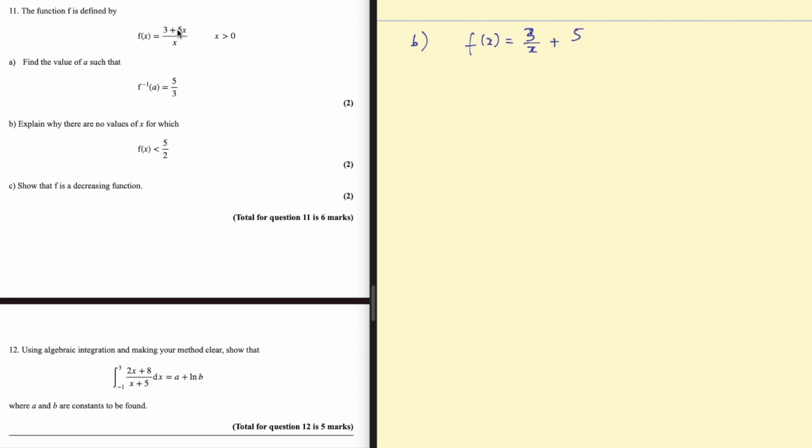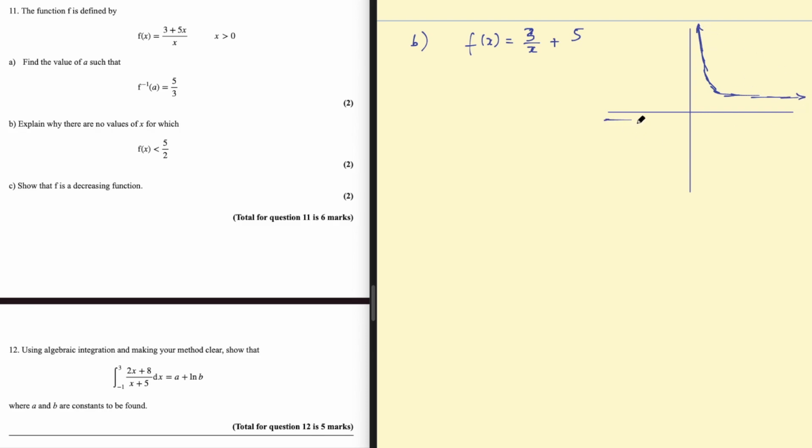If we separate that numerator into two terms, we get 3/x + 5. And then think about the graph of the reciprocal function. This is something you learn about when you do graph sketching. You sketch this graph quite a lot. So the graph of 1/x looks something like this, really roughly.